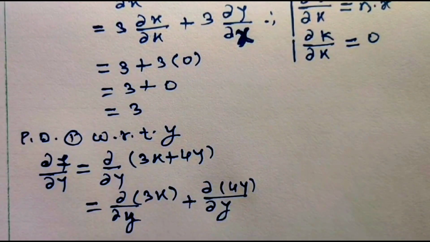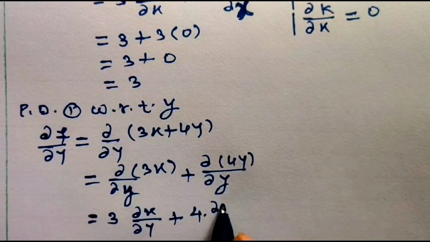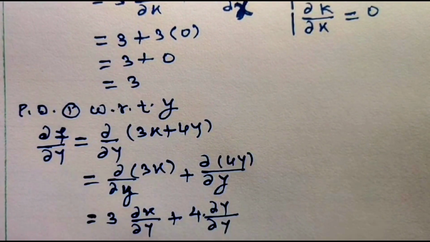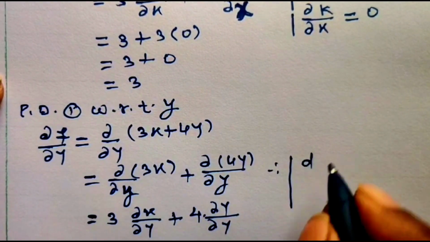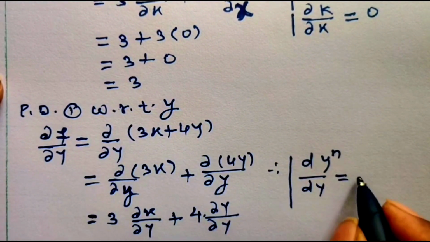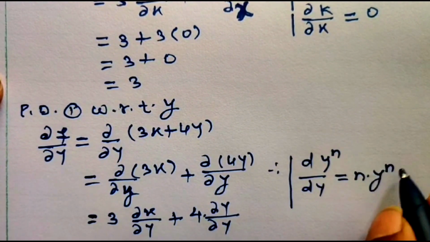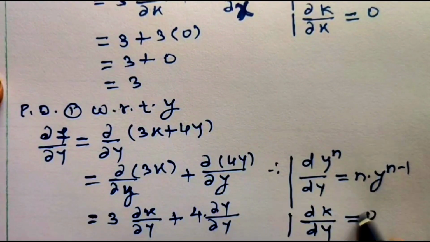We can take like this, 3 into partial derivative of x with respect to y plus 4 into partial derivative of y with respect to y. Again, using formula, derivative of y to the power n with respect to y is equal to n into y to the power n minus 1, and derivative of constant k with respect to y is equal to 0.